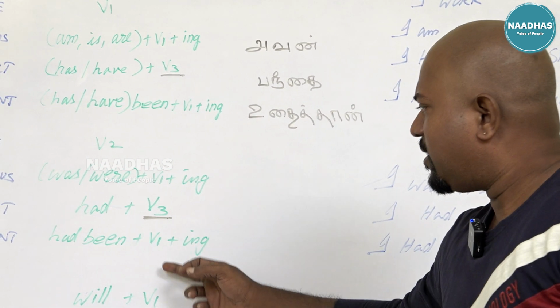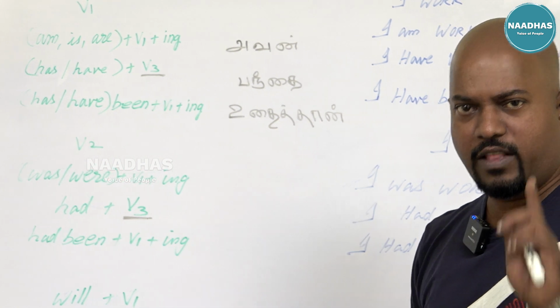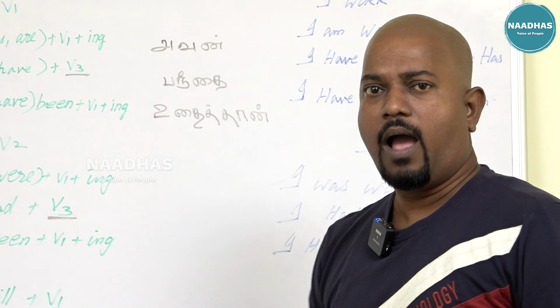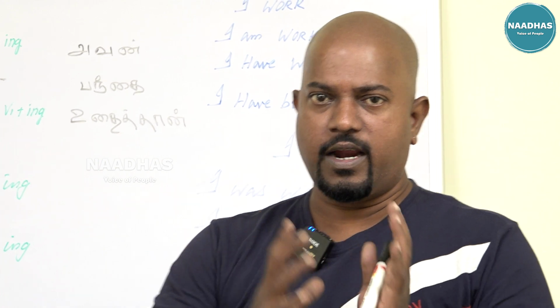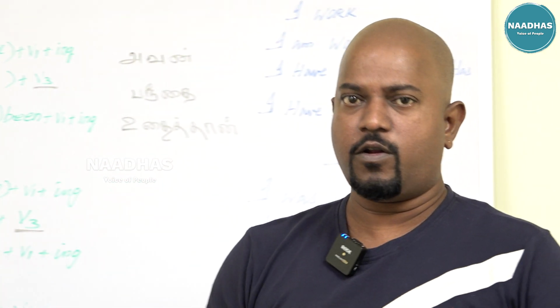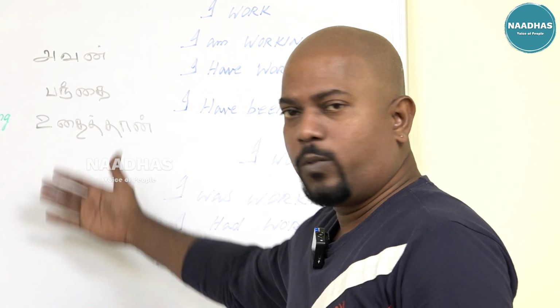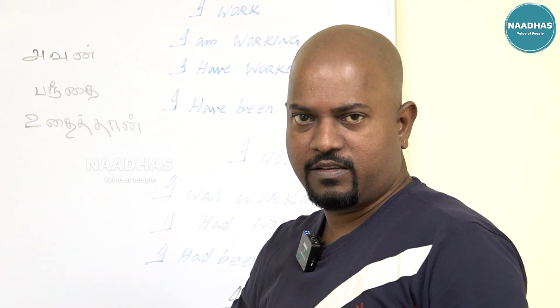And for continuous, we cannot use the V3 form; it has to be done with only the verb 1 form with ing. I said this more clearly in the previous video. For people who haven't gone through the previous video, please go through it so that it is more clear for you when you do the exercises with these examples.